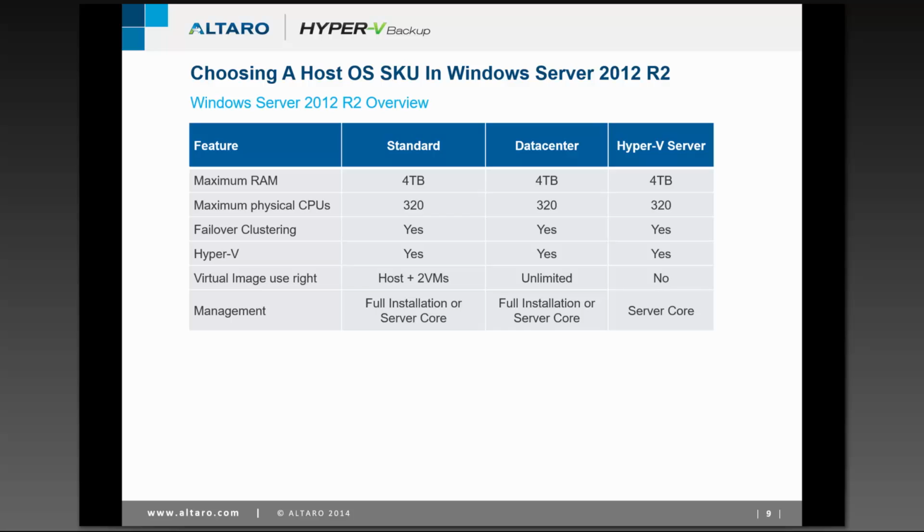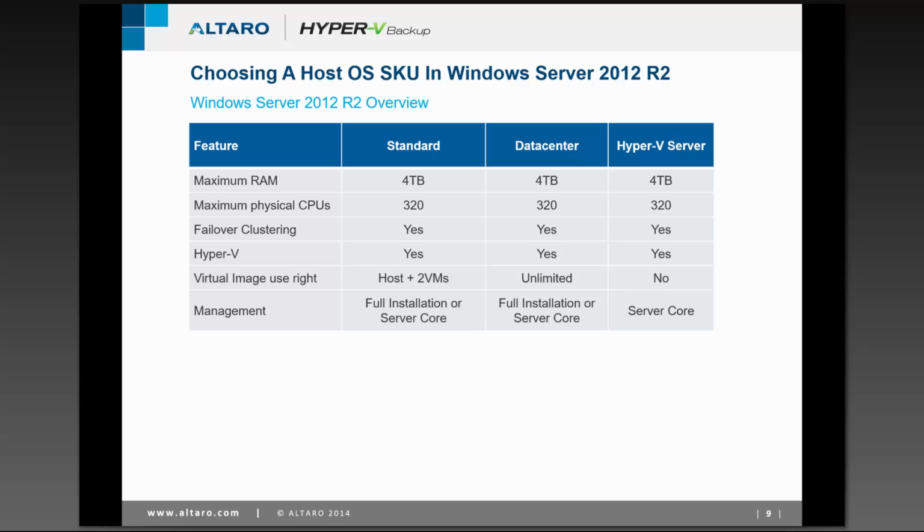And with Hyper-V Server, for example, you don't really get any licenses for virtual machines. So what's the point of Hyper-V Server? For example, if you run Linux or Unix workloads on top of your Hyper-V environment, you probably want to use this SKU because then you don't have to pay anything to Microsoft, because Hyper-V basically is free.